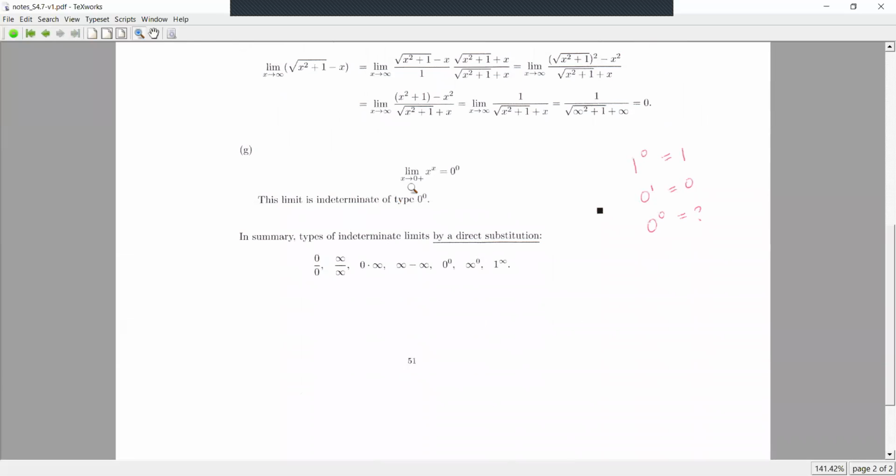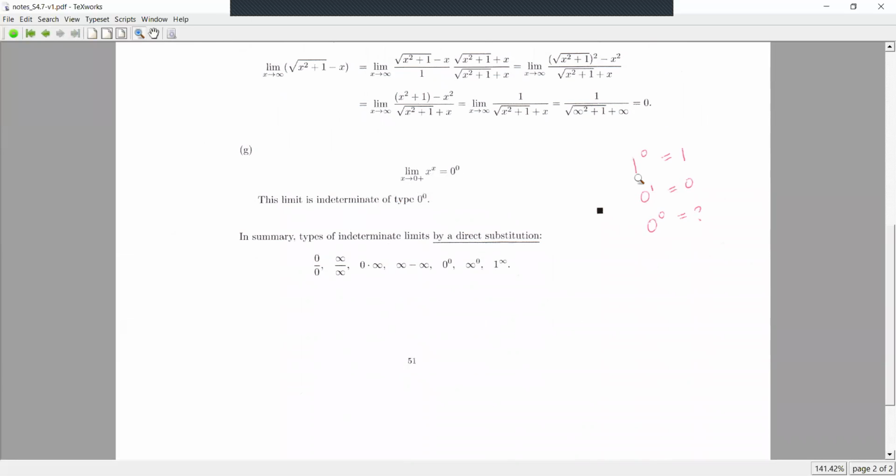Yeah. Direct substitution, plug in 0 for x, then we get 0 to 0. What is 0 to 0? Any number can be possible. I cannot determine 0 to 0.